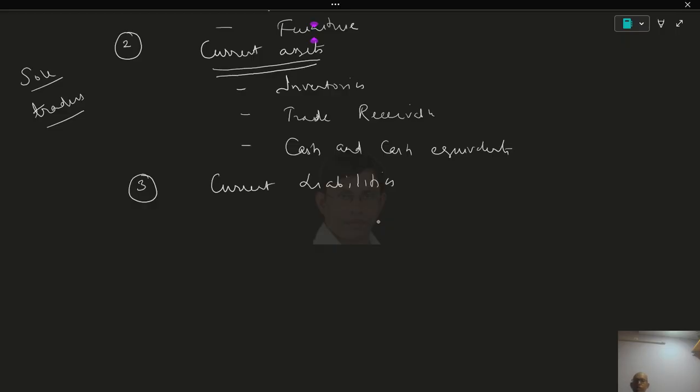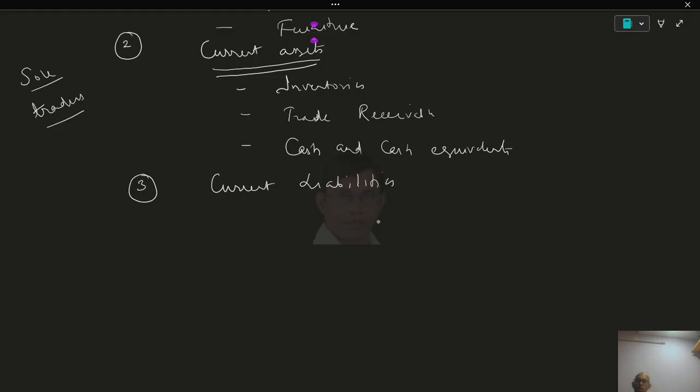The items and the headings are the same, but the form of presentation is entirely different in the case of companies and other entities. So be careful. This is meant only for sole traders, and you have to learn how to go ahead with the preparation of the statement of financial position, current liabilities.